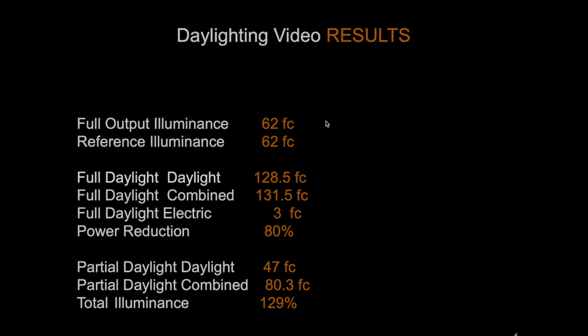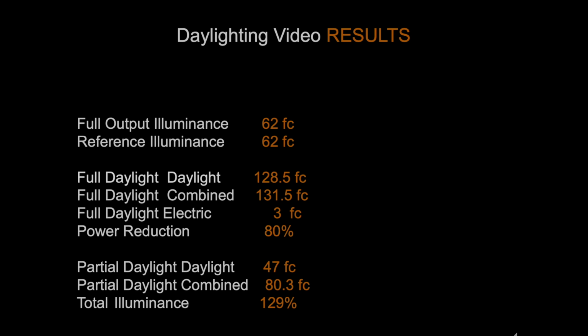Then we put the daylight sensor back into normal operating conditions, took another reading under no daylight condition, for this is the no daylight test, and we came up with a reference illuminance of 62 foot candles, which is the same as our full output illuminance. So now we know we have a full output system. The system has not been task tuned.